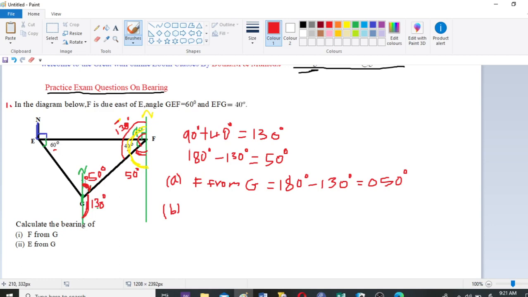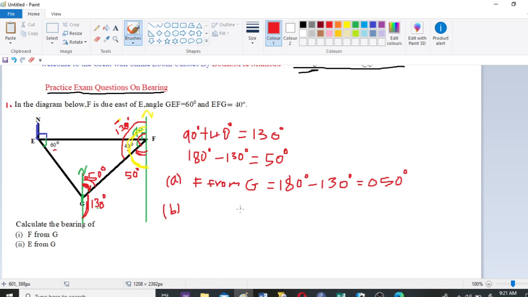Now we have a straight line passing through G. Since this is a straight line as well, you can simply say this 130 from 180 will give you the remaining 50, which we have written here. So there are so many ways you can analyze this question, so long as you know the properties.